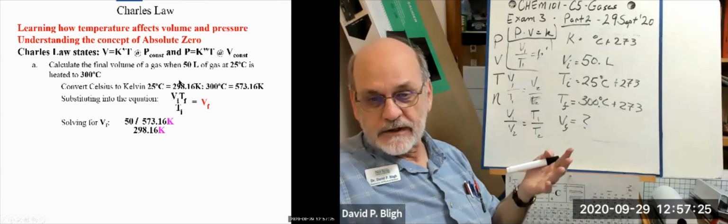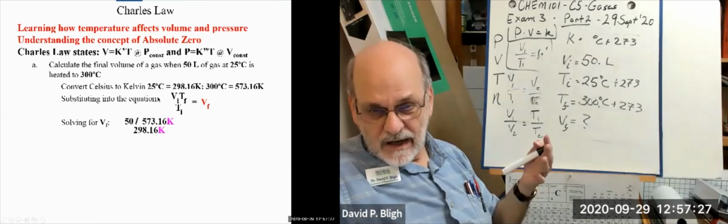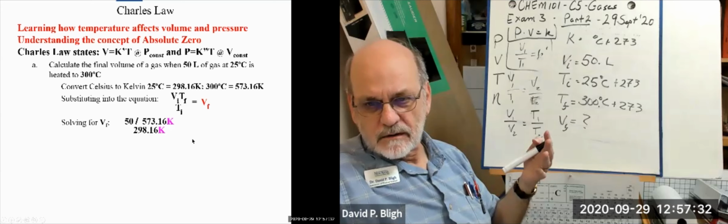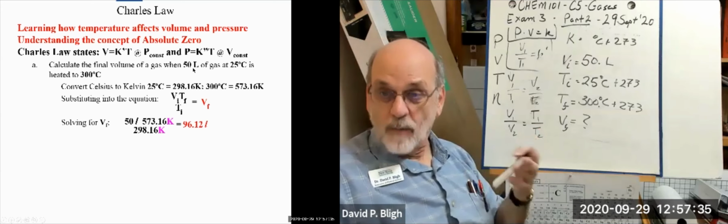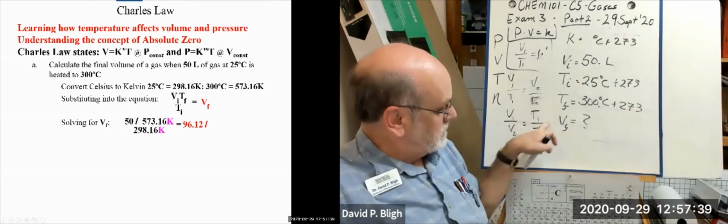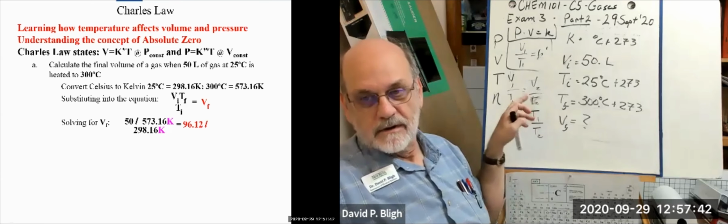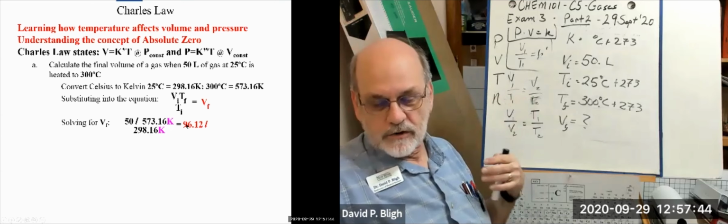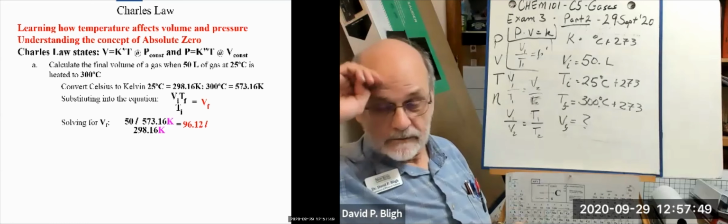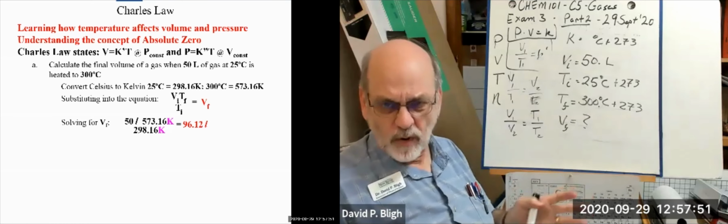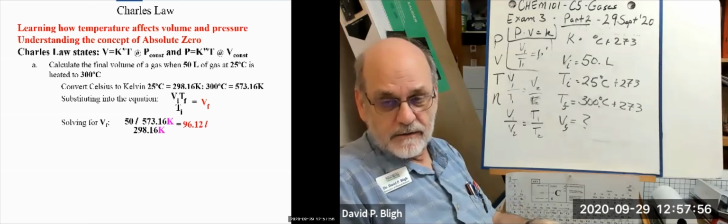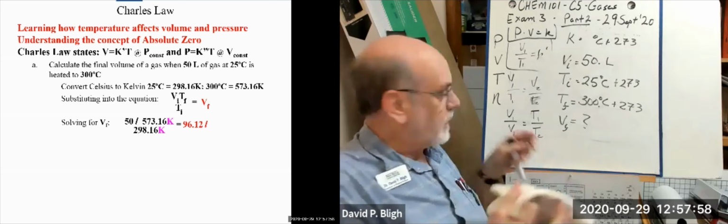So here we go from 50 to, where is it? Disappeared. There it is, 96. It's almost twice. So that ratio is accurate. Ratioing the Kelvin temperatures will give you an estimate of what you should expect ratioed for the volumes. That's why it's so important to change those temperatures, because the ratio of centigrade doesn't work.